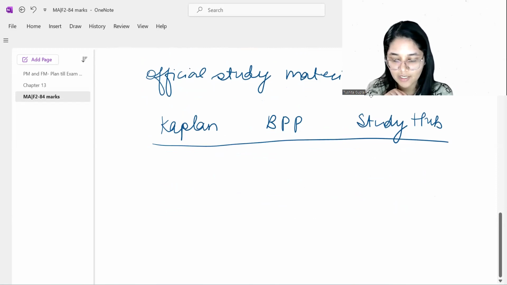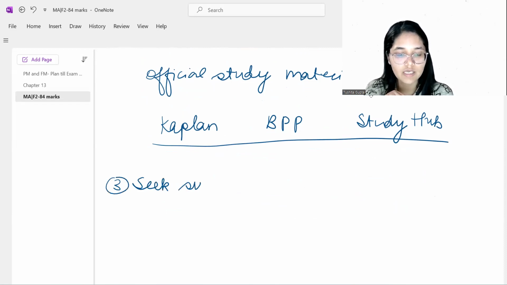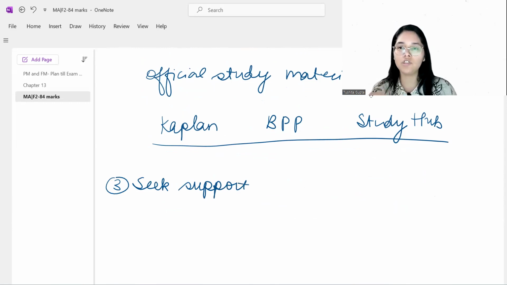The next thing, the third tip that I have for you, is about seeking support. What do I mean by that? Usually for commerce students, the knowledge level is easy to grasp, but management accounting is something you have not done previously. Whatever you learned in your 11th, your 12th, or even in college, what you learn in management accounting is very different from what you do in ACCA.